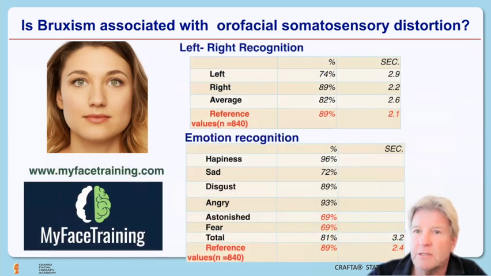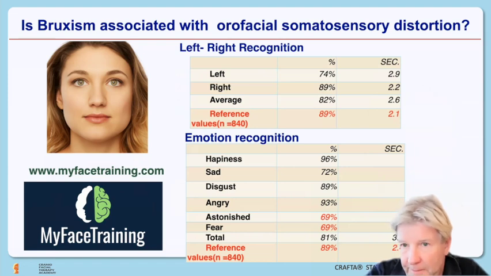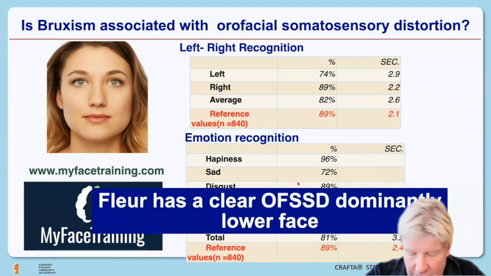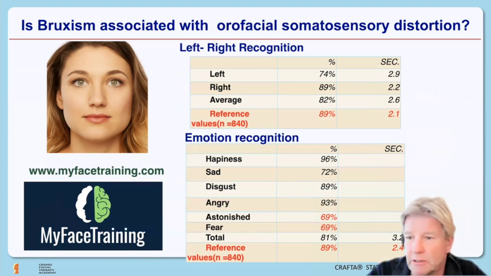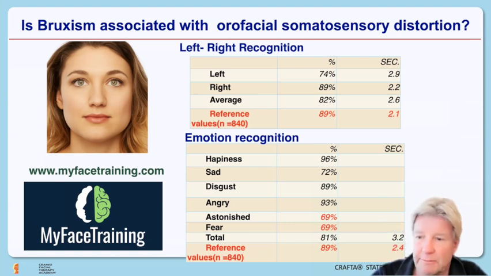So that is a patient who has predominantly bruxism with also myofascial pain. If you look at the left-right recognition and the emotion recognition, we see that left-right recognition is very optimal, but she is a little bit slower. She also had some difference in emotion recognition, but not too much, especially in sadness. But the time is a little bit slower than normal.